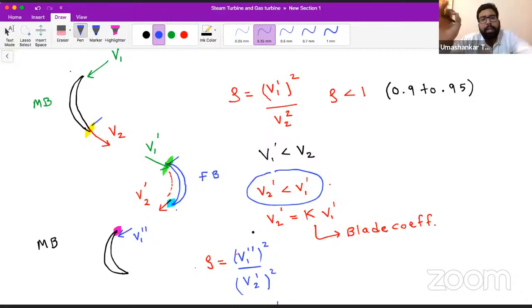So now when the steam reaches the entry of the fixed blade, some velocity has been lost due to this carryover coefficient. Now let's say we are left with 450 meter per second, for example.